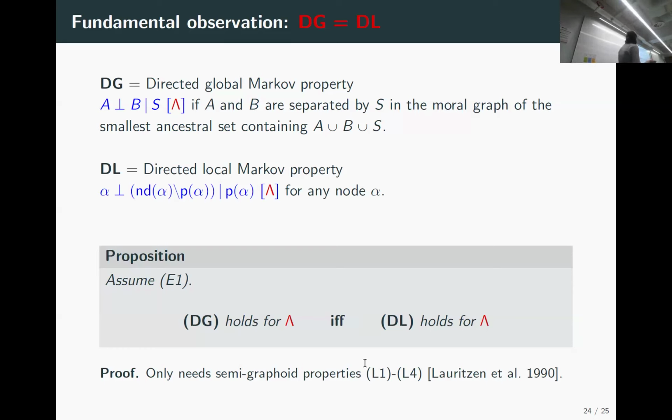And this only needs the semi-graphoid properties to hold true, all four of them. So now we know that for this notion of conditional independence, the directed global and directed local Markov property are actually equivalent.